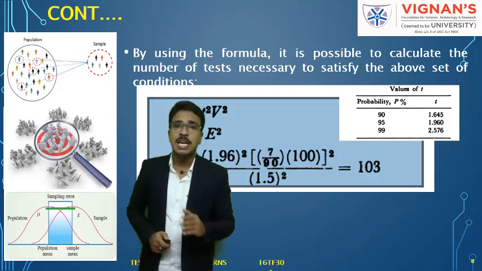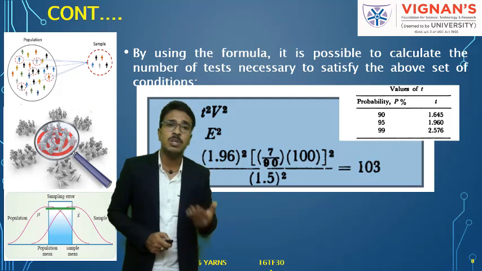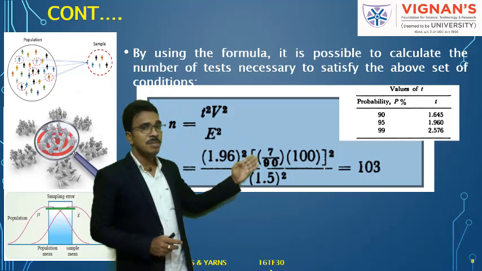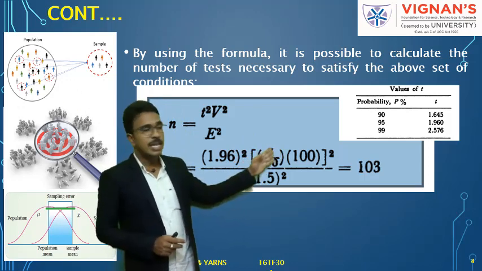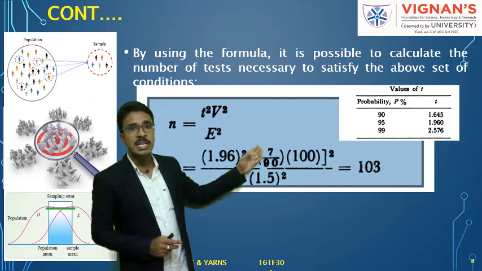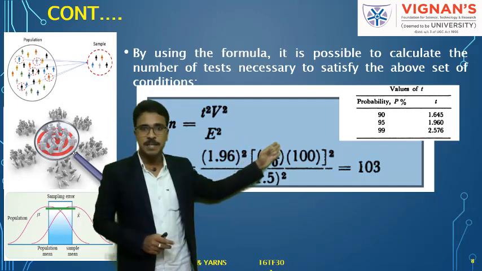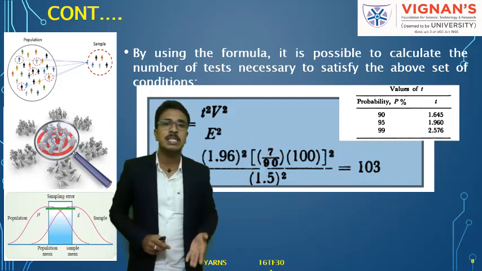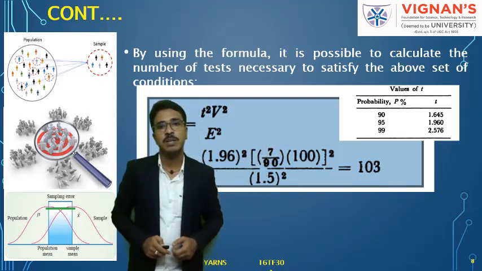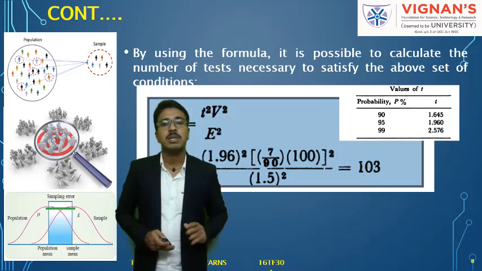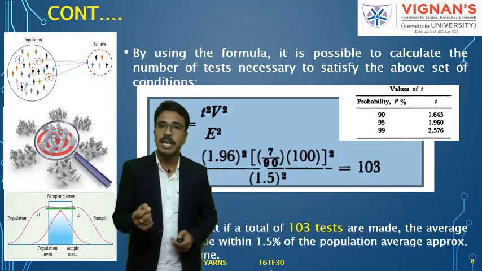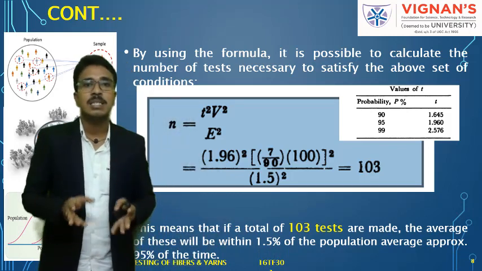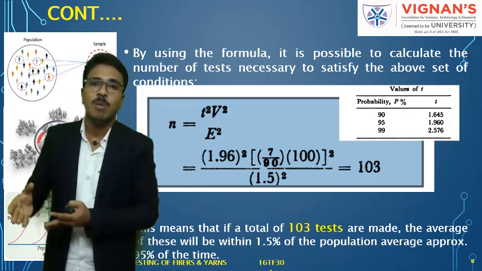For the coefficient of variation, the formula is standard deviation divided by mean into 100. The standard deviation given is 7, the mean is 90, multiplied by 100, divided by capital E, the percent error, which is 1.5. If you simplify this, you get the value of 103. Finally you have arrived at the sample size needing to be 103.